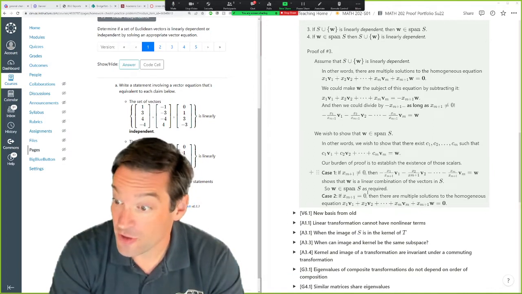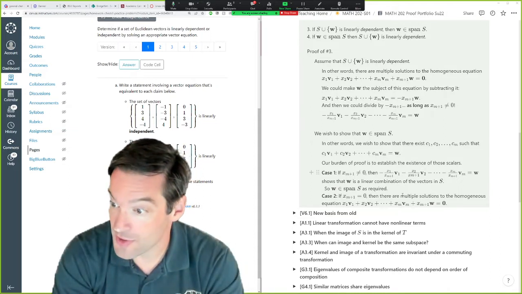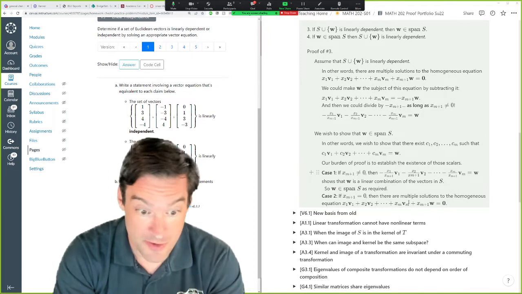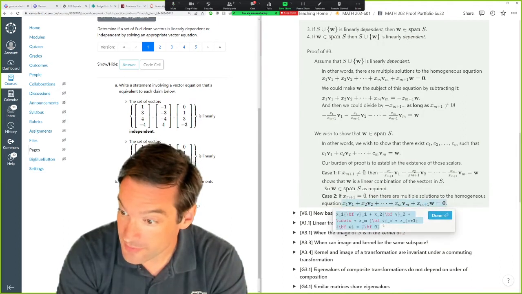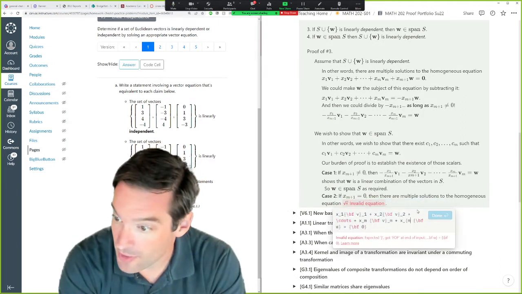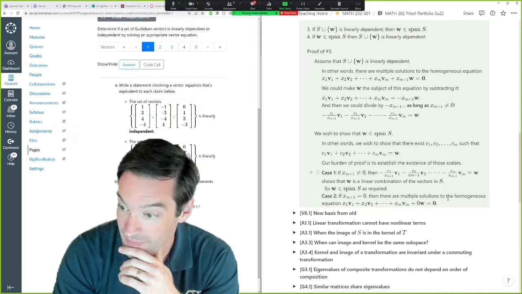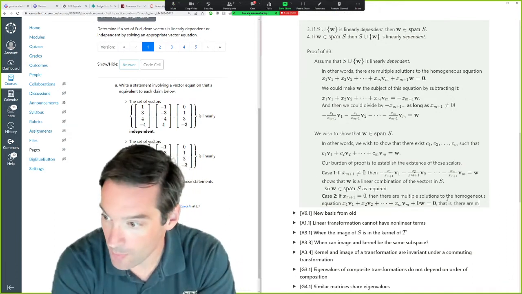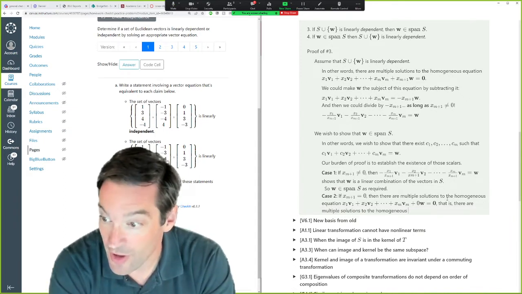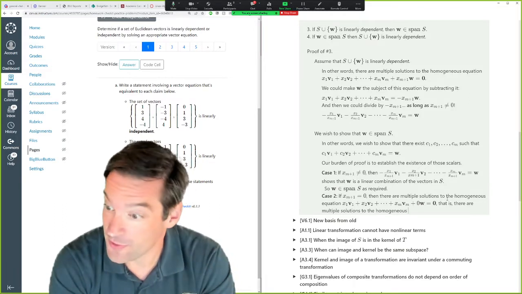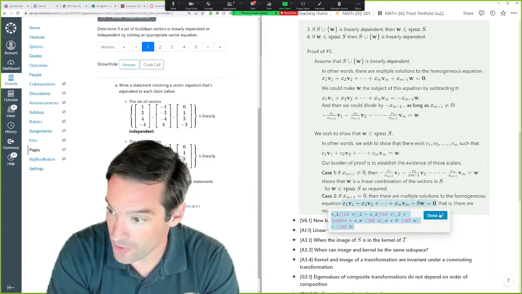If that m plus first coefficient is equal to 0, then the fact that this set was linearly dependent requires that there's multiple solutions to this homogeneous equation involving the vectors in S, but also W. But if this m plus first coefficient is 0, then replacing that coefficient by 0 in this equation really just tells me there are multiple solutions to the homogeneous equation involving not the vector W, involving just the vectors from S. So we can just erase that 0W from this equation.